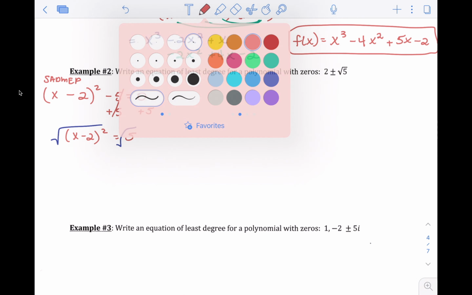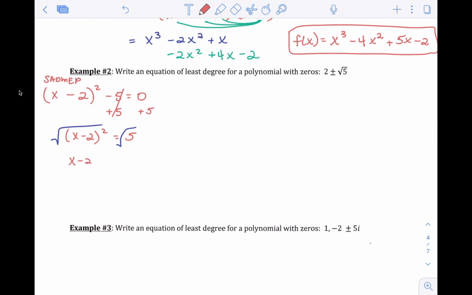So you end up with x minus 2 equals plus or minus root 5. Last, you would simply take the negative 2 with the x and add it to the other side, putting it in front of the plus or minus, because protocol says to put it in front. So you end up with x equals 2 plus or minus the square root of 5.